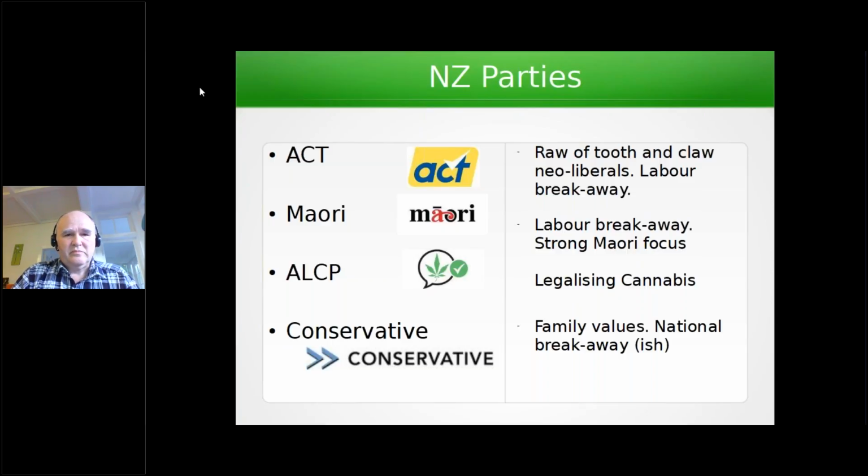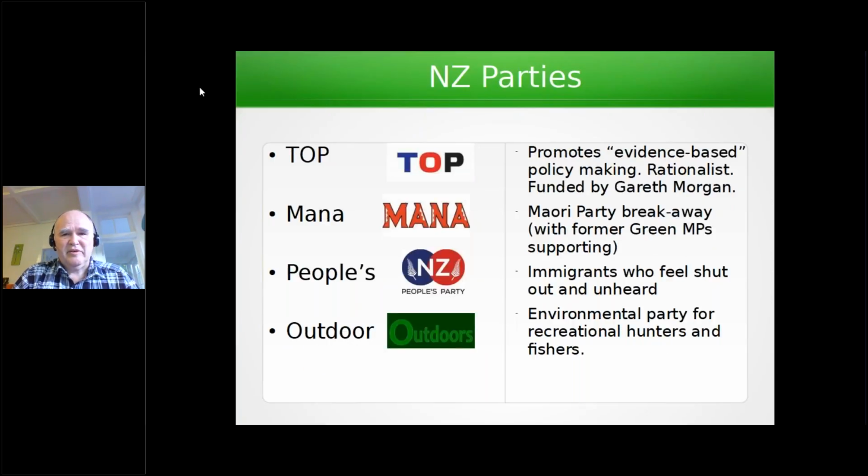So moving on, we have the TOP party, which is the Opportunities Party, the creation of Gareth Morgan, a multi-millionaire businessman. He's a rationalist. He saw that parties were making policy for populist reasons or reasons that were based on preconception and prejudice.